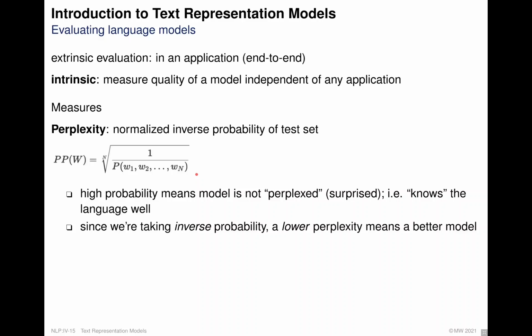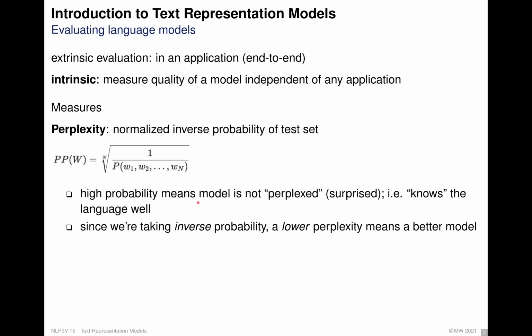If you remember, the test set is data that the model has never seen. So using this inverse probability, we can gauge some knowledge about what the model learned from the training set and how the test set is different from the training set.